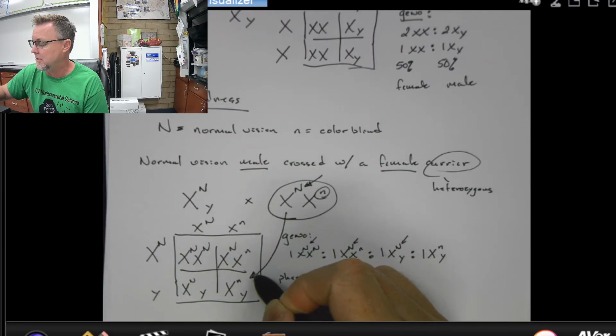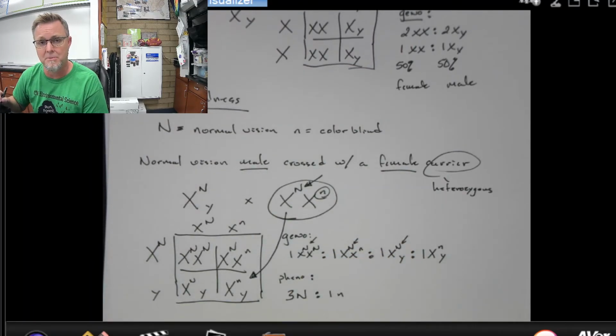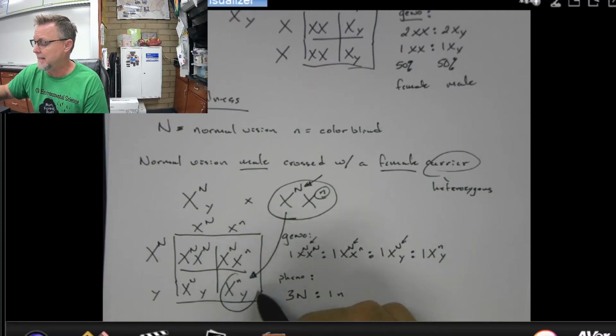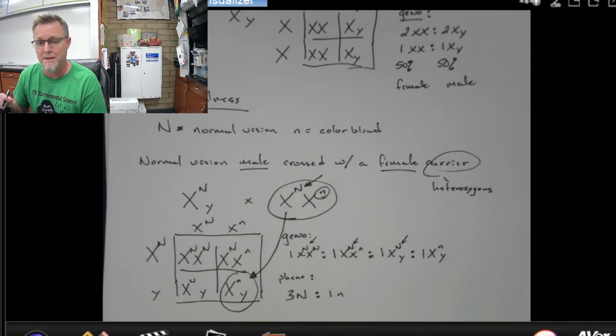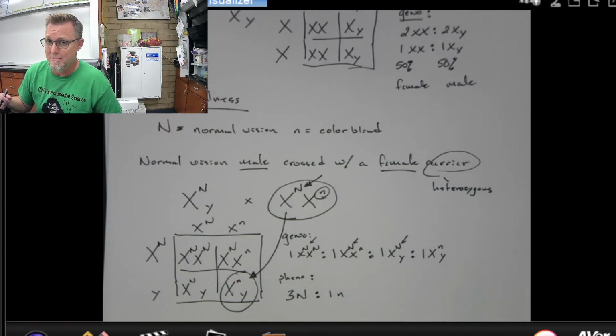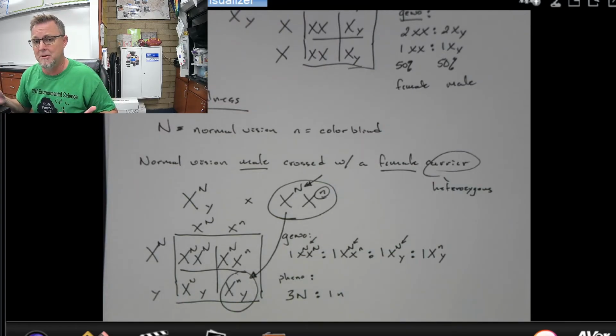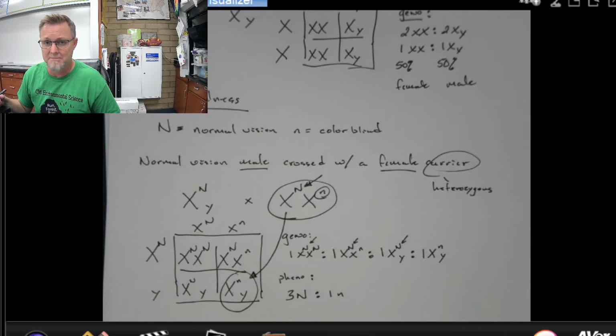She passed on her X chromosome with the colorblind gene to her son, and that is what makes this guy colorblind. You see, when dad determines the gender of the offspring, in order to make a boy, dad has to contribute the Y chromosome. The Y chromosome doesn't carry any of these traits. All it carries is a factor that determines maleness. So mom passes these sex-linked traits from mother to son.